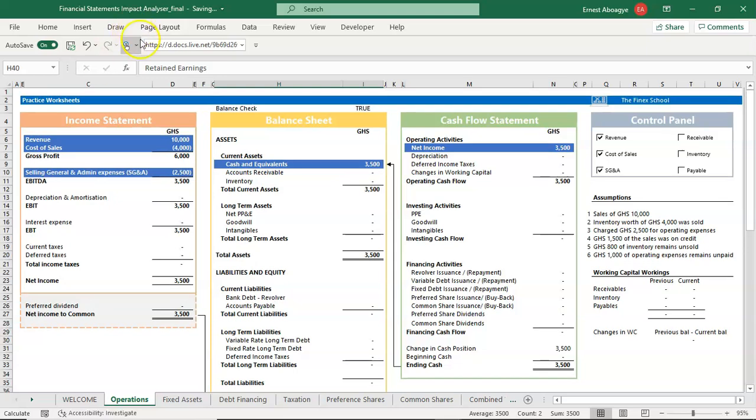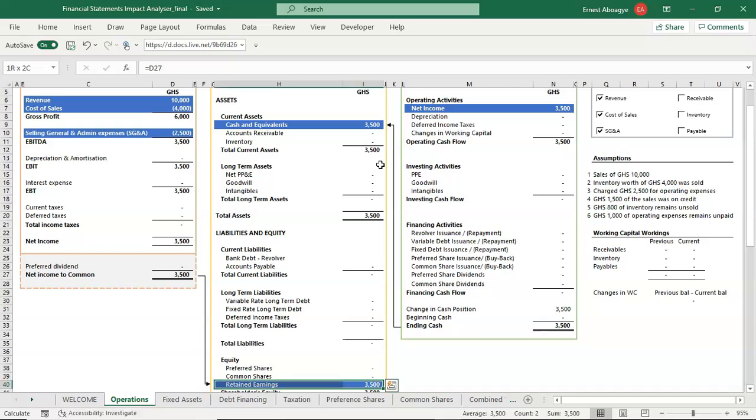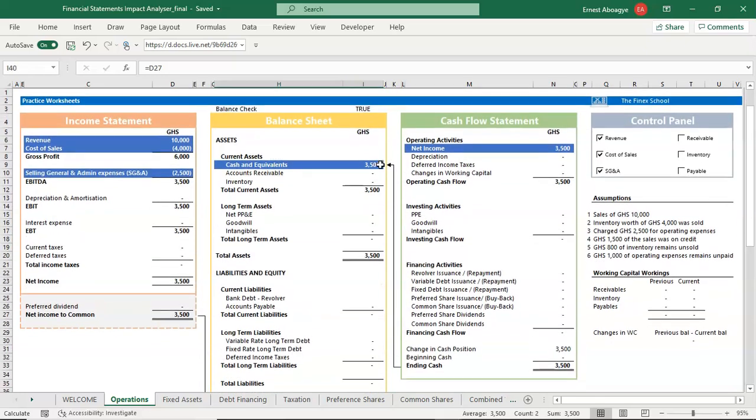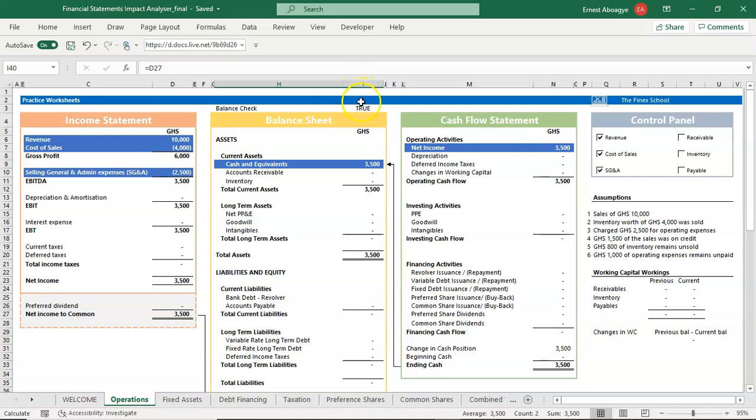And our net income will also feed our cash flow and reduce our cash to 3,500, and we'll have a cash balance of 3,500 feeding back into our balance sheet, with our retained earnings also giving us 3,500, and therefore our balance sheet will balance. Let us go on to the fourth one.